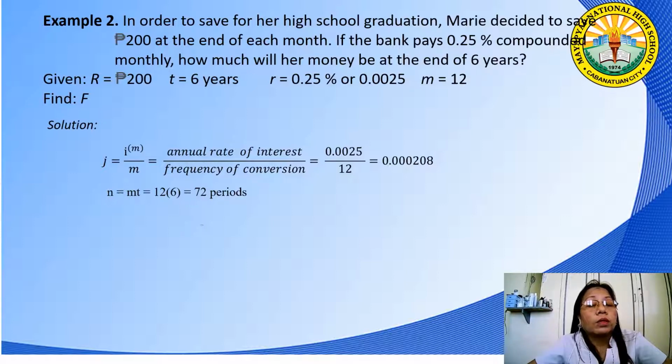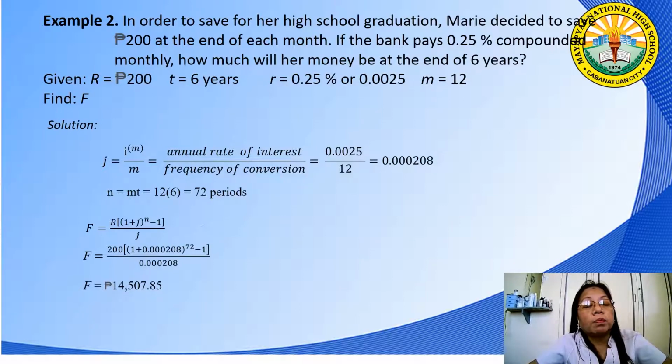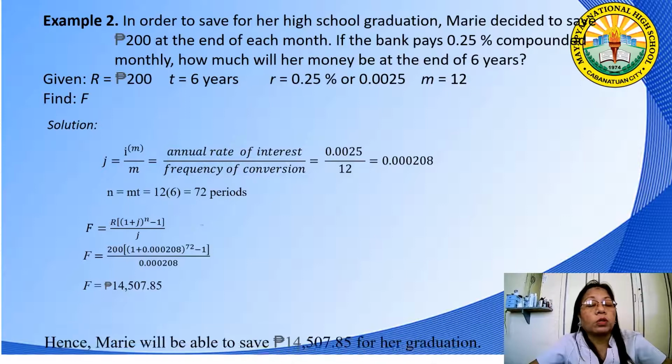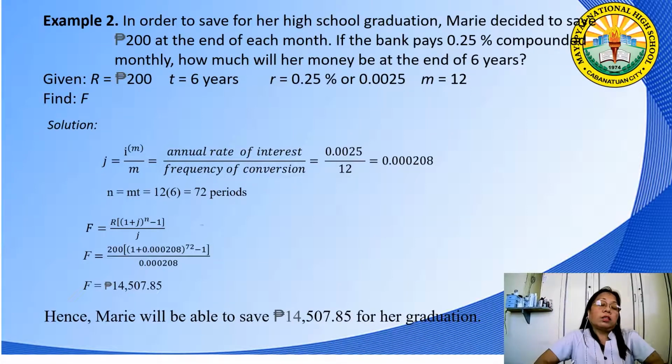Then applying the formula F equals R times the quantity 1 plus j raised to n minus 1 over j, and substituting all the given values, F is equal to 14,507.85 pesos. Hence, Marie will be able to save 14,507.85 for her graduation.